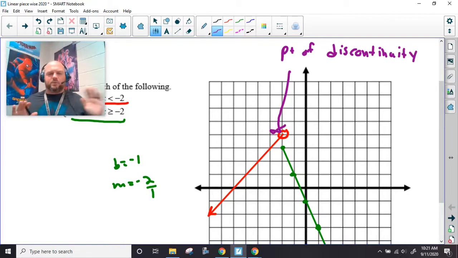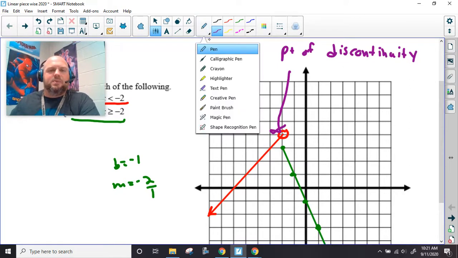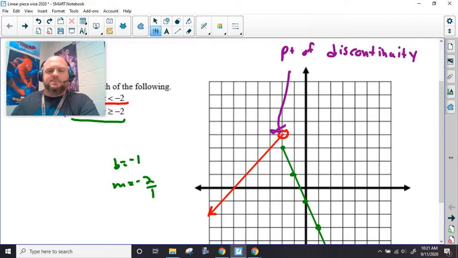That's where the open circle is. At this point right here, if this was closed, it wouldn't be a function. These are linear piecewise functions. So it would fail the vertical line test if this was closed, but since it's not, it still passes. Okay.